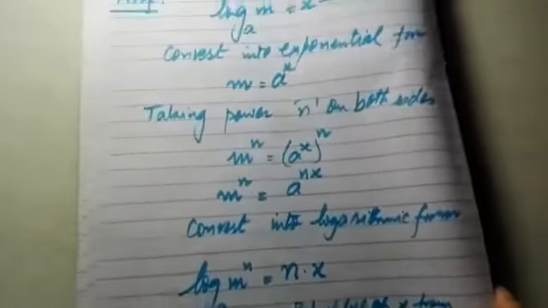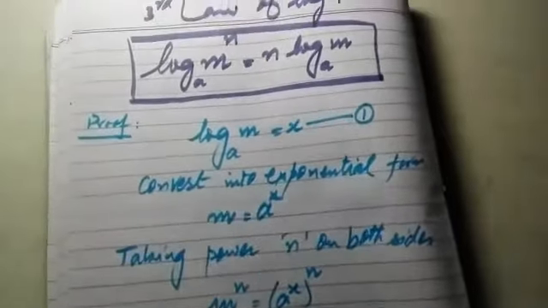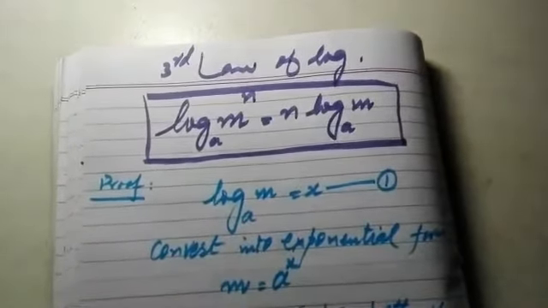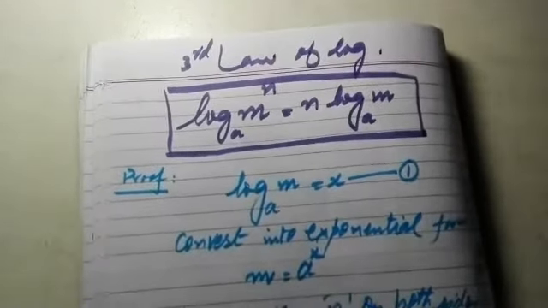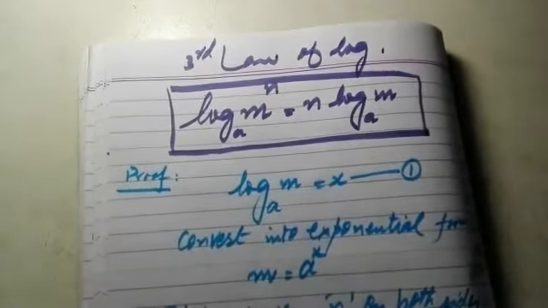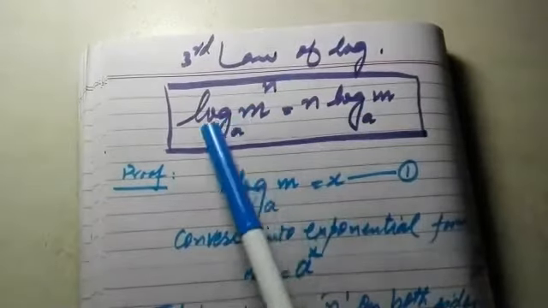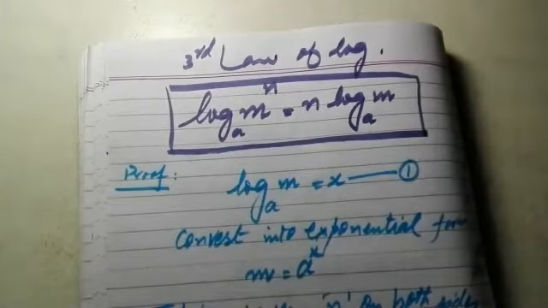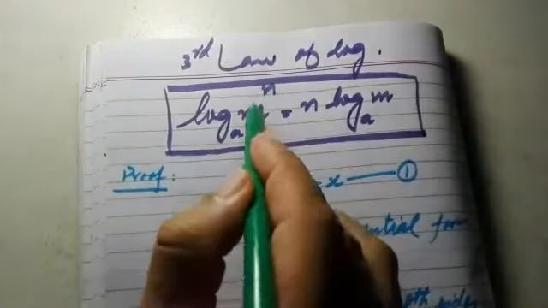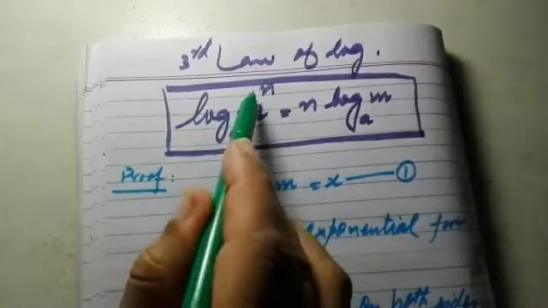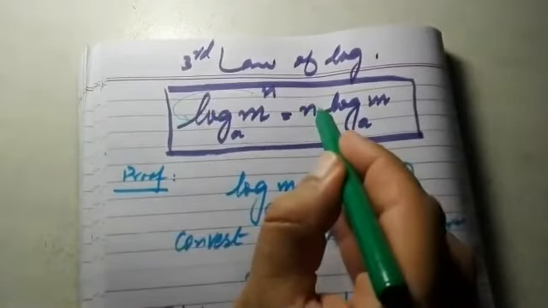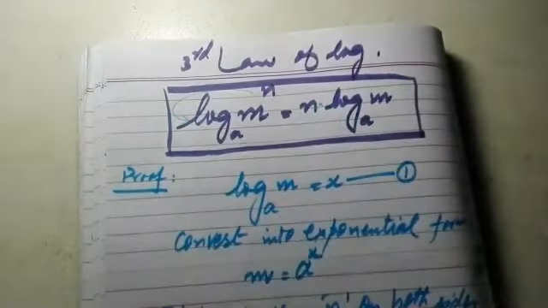So I summarize it once again from the beginning. This is known as the third law of logarithms. This is written as log m raised to power n to the base a, and it normally means that whenever we apply the logarithm to a term which contains an exponent, this exponent will become the multiple of log, meaning n times log m.